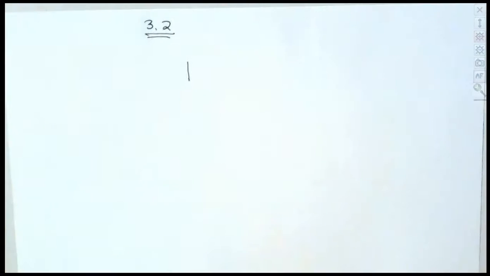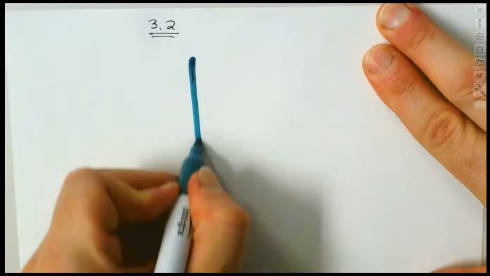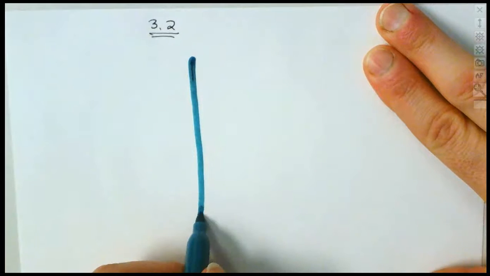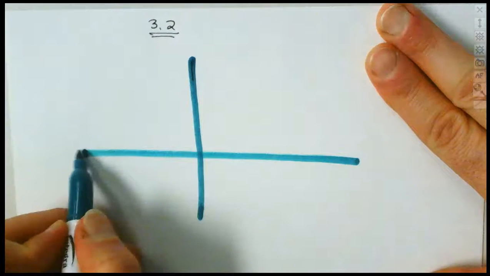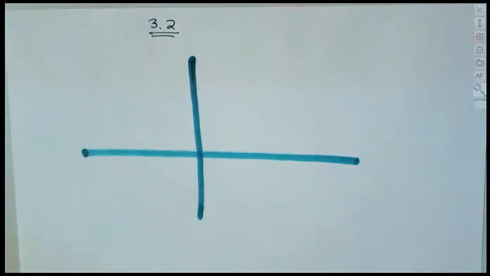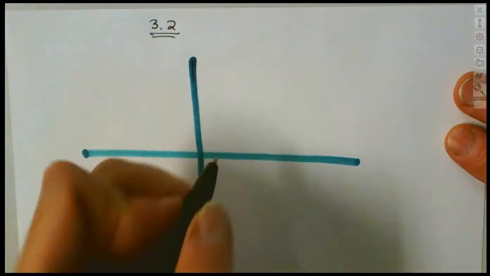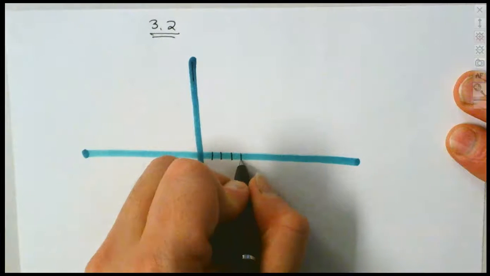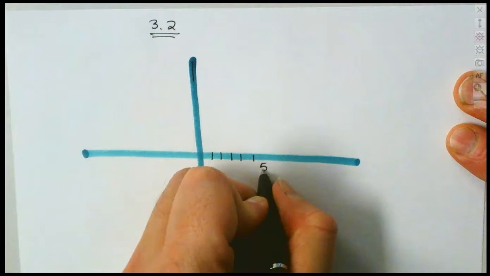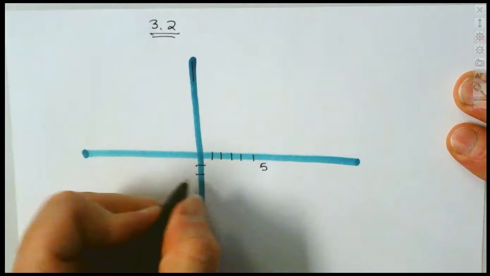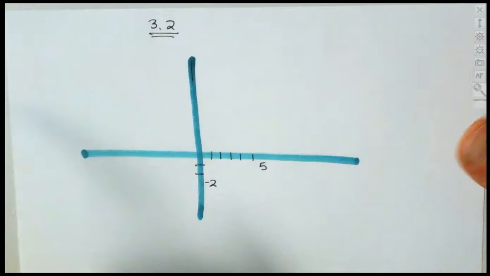So I'm going to give you a graph here. And we're going to talk about intercepts, what they are, and how to label them. Okay, so draw a graph here for us to look at.